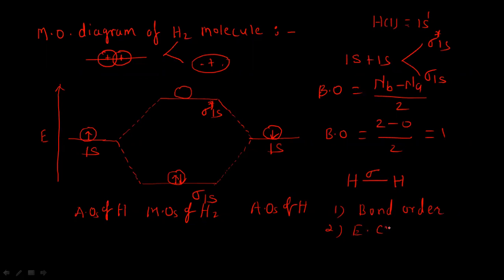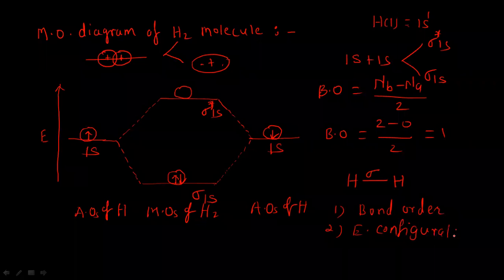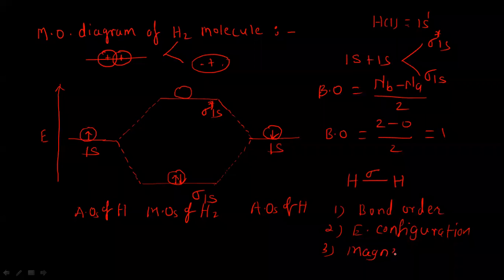Just as an atom has an electronic configuration, the molecule also has an electronic configuration. And third, magnetic behavior. On the basis of valence bond theory, magnetic behavior generally cannot be explained, but molecular orbital theory explains the magnetic behavior of the molecule.